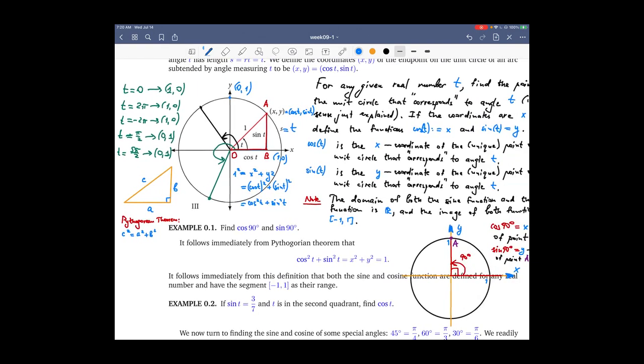That is a very important identity that we will use all the time. It's worth memorizing. Later on, we will introduce many more trigonometric identities. All of them are, one way or another, consequences of this basic identity.